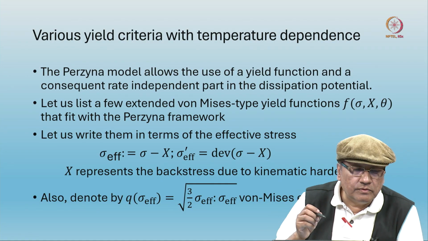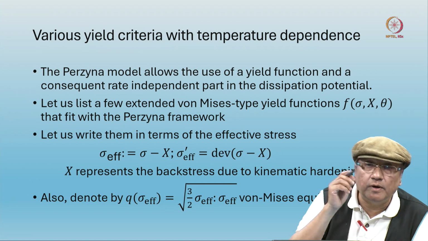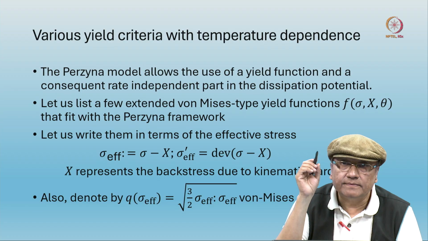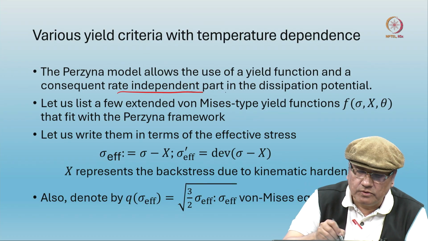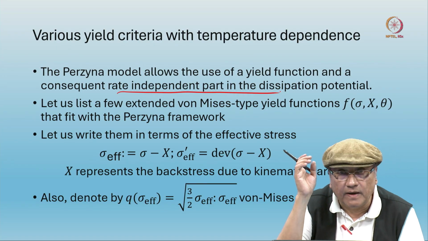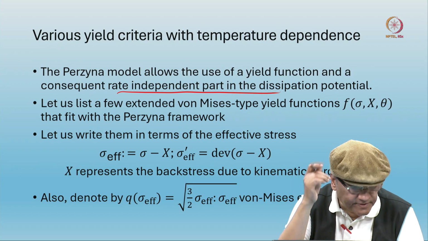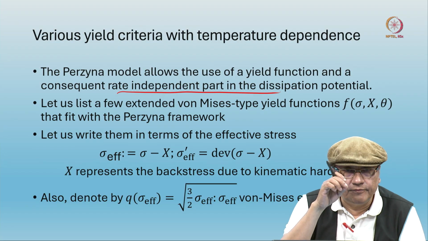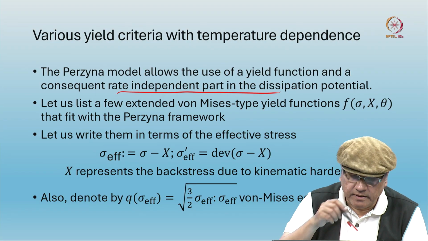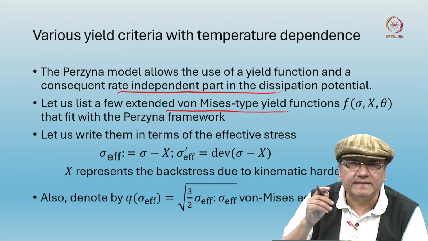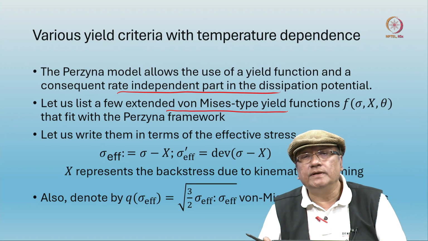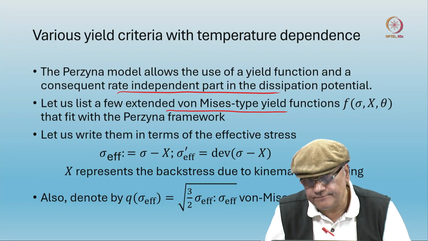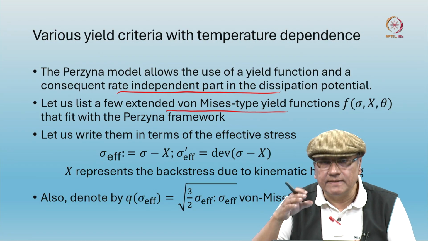So we are talking about various yield criteria with temperature dependence. That yield function also corresponds to the rate independent part in the dissipation potential, please recall that. All the functions that I am talking of here are basically extended von Mises type. We are not talking of any non-smooth type of f, because it will make the analysis more difficult.